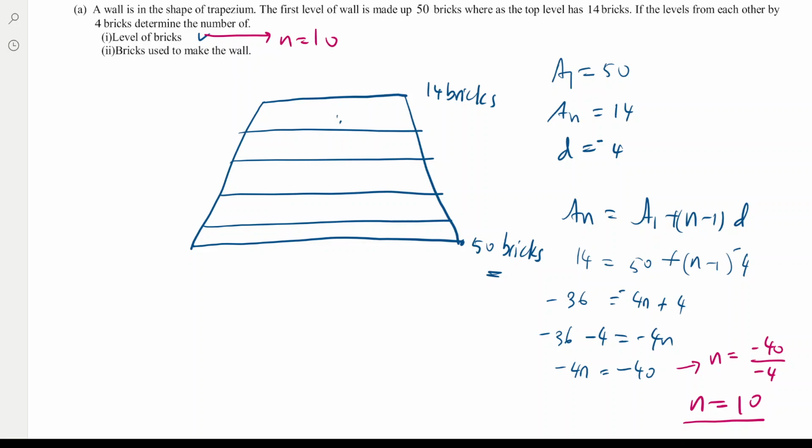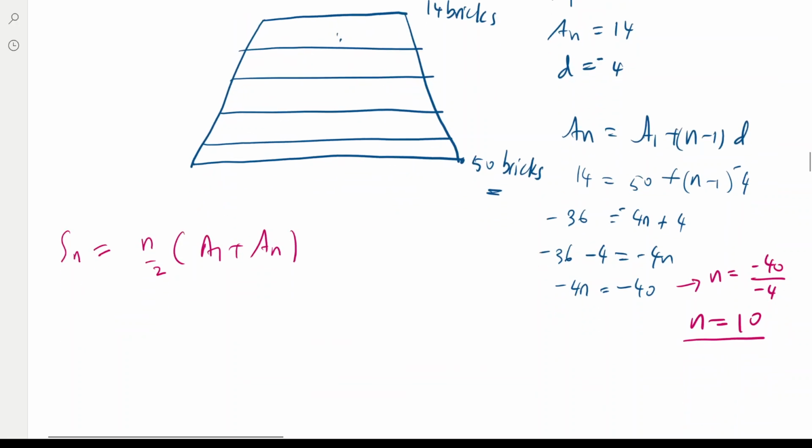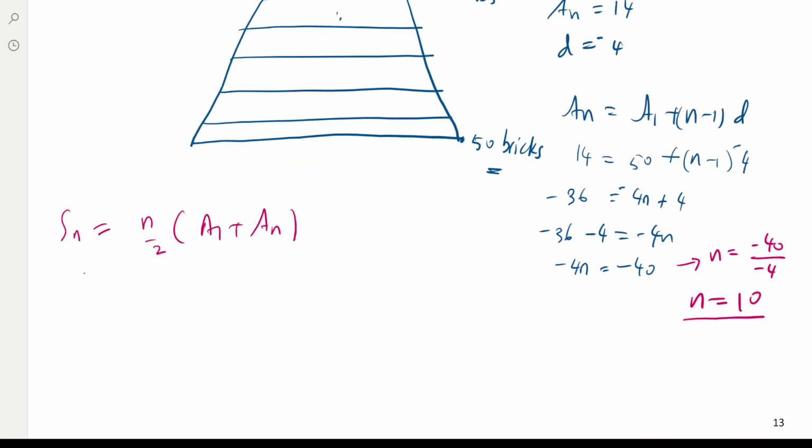Now determine the number of bricks used to make the wall. So we are going to find the sum of n terms, which is n over 2 times a1 plus an. In our case, the sum of 10 layers will be 10 over 2 in brackets 50 plus 14.